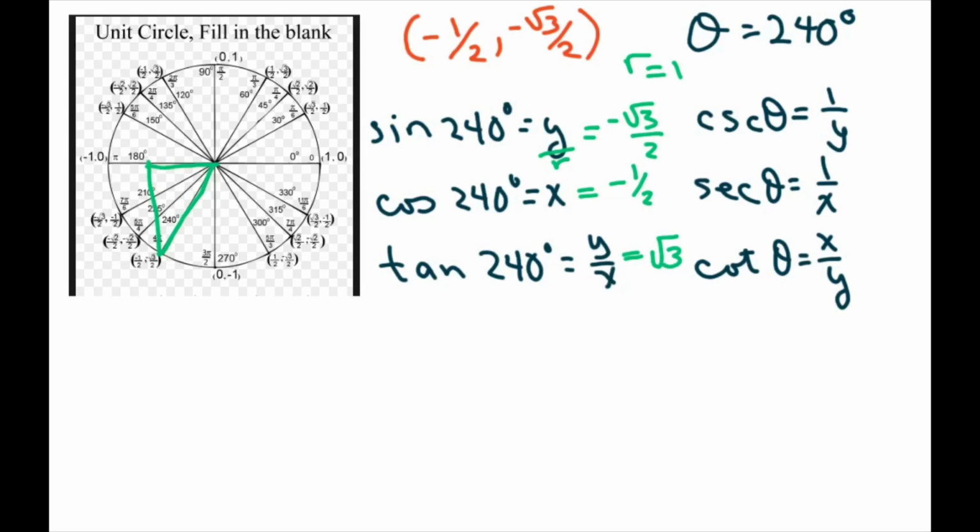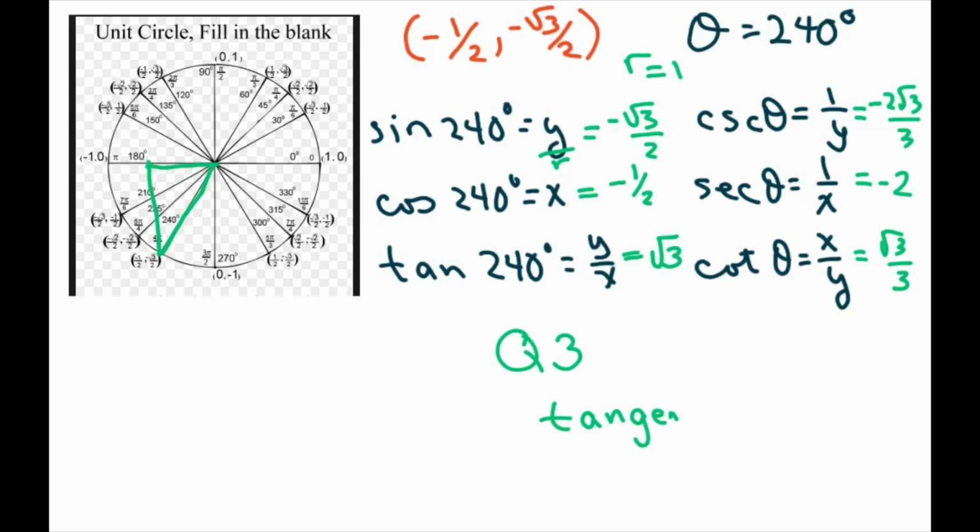And then you just flip it. So this is going to be negative 2 square root of 3 over 3, this is going to be negative 2, and this is going to be square root of 3 over 3. Just copying my values down and changing the signs. The only things positive in quadrant 3 are tangent and cotangent. Everything else is negative.